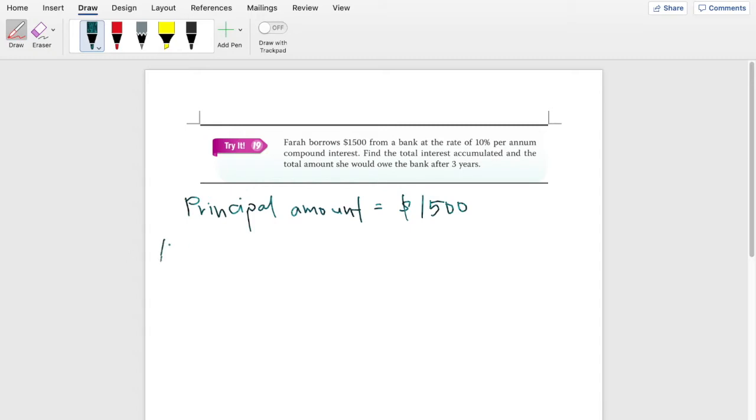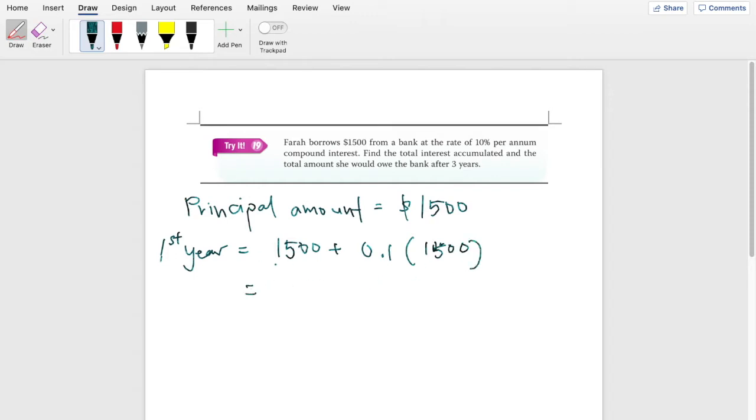At the end of the first year, it will be 1,500 plus 10% of 1,500. Okay, so let's simplify this.